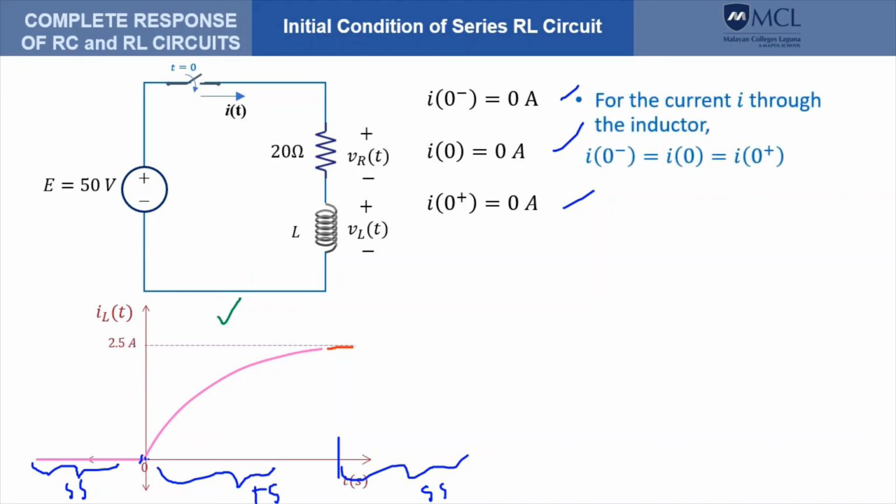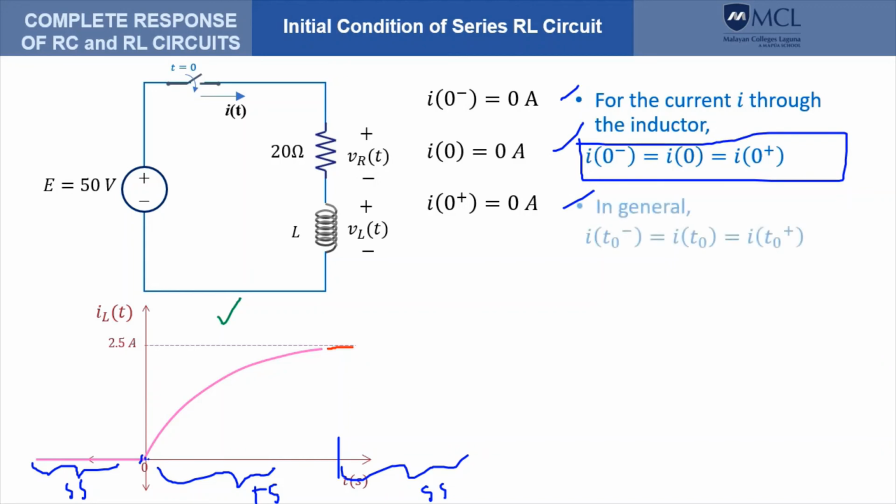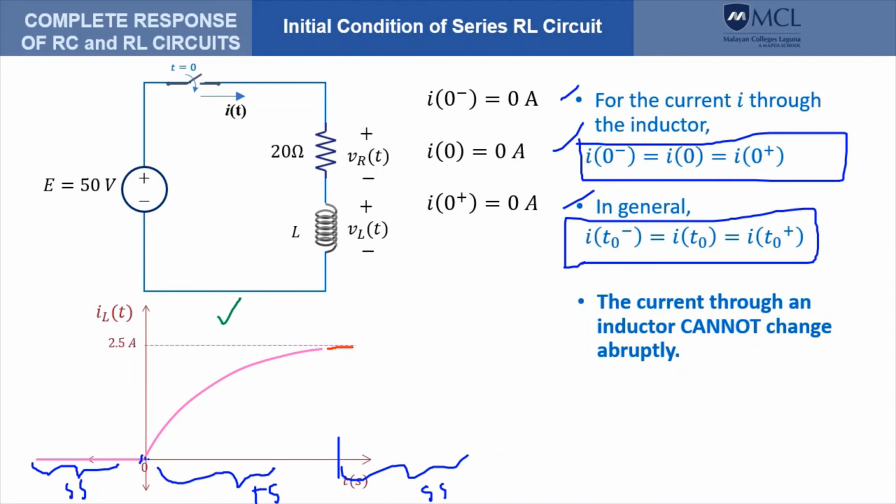For the current through the inductor, the values of the current before, during, and after the changes are applied must be equal. In general, the changes might be applied at some time other than 0, so to generalize, we can write it this way.